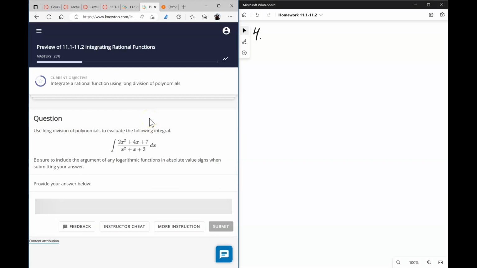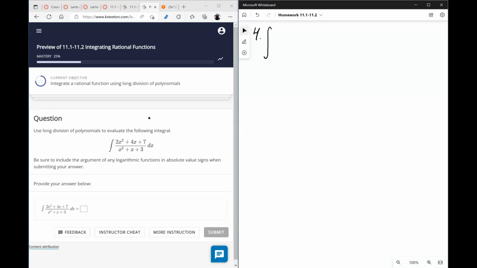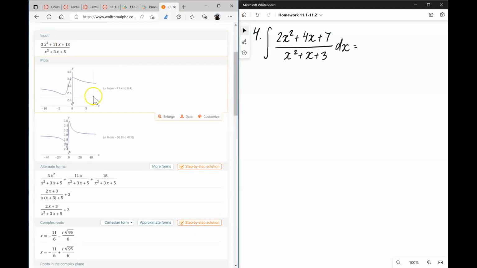Another very similar problem. So let's do the long division.